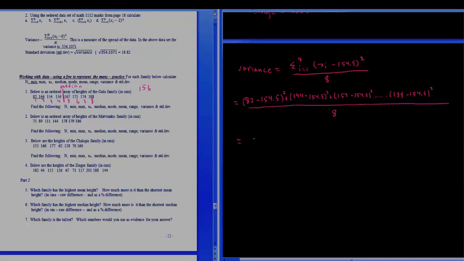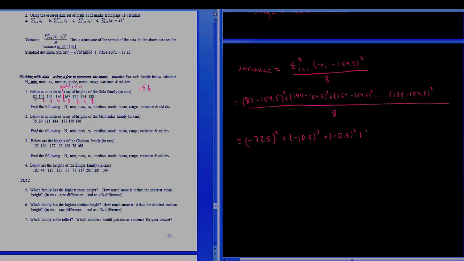So these will equal, and I'm just going to write down each of these differences without the squaring, then we'll do the squaring and we'll get the sums. So it'll be negative 72.5 squared plus negative 10.5 squared plus negative 0.5 squared plus, and these dots represent the 4th, 5th, 6th, and so on.